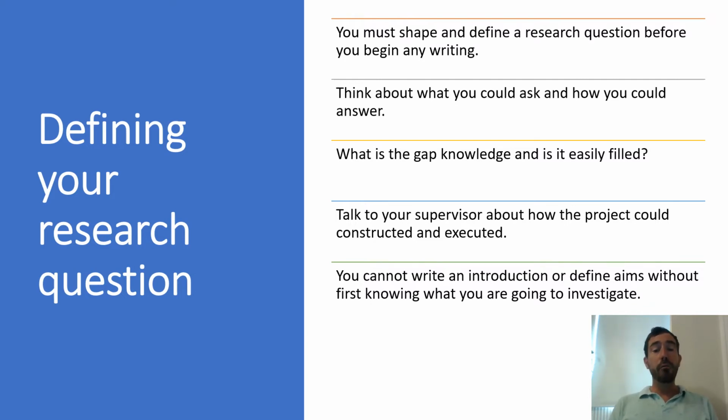Remember, you can't write an introduction or describe any form of experimental design without first knowing what you're going to investigate. And the only way you will know what you want to investigate is by talking to your supervisor, by discussing with them, and by reading in the literature. So define a research question before you have any thoughts about writing an introduction and about writing methods.